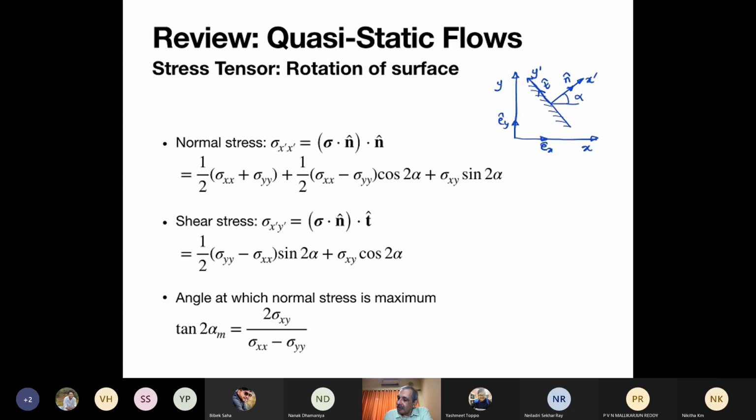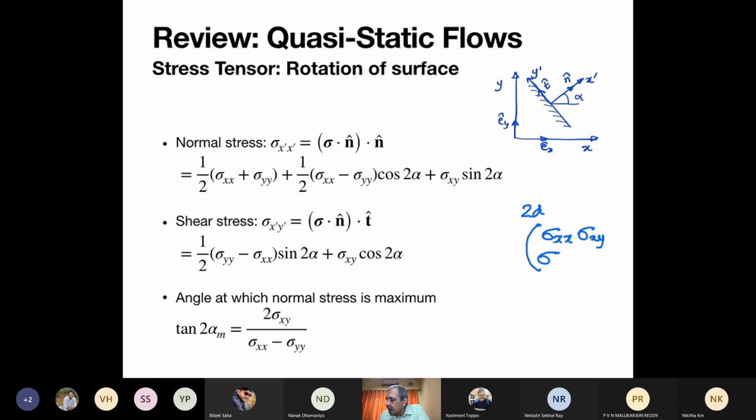And what we said is that if you change this alpha, the magnitude of these two are going to change, and because of the sine and cosine function, they are going to go up and down. And you can find an angle at which this normal stress will be maximum. For now, we are looking only at a 2D system. 3D we will see later.